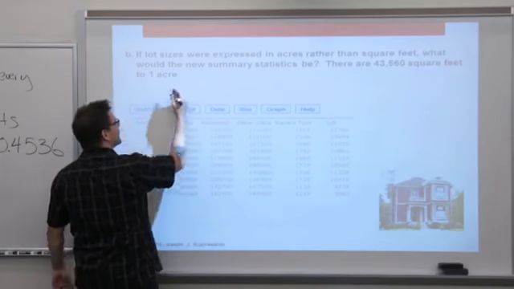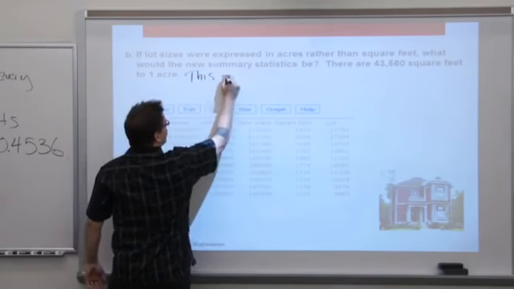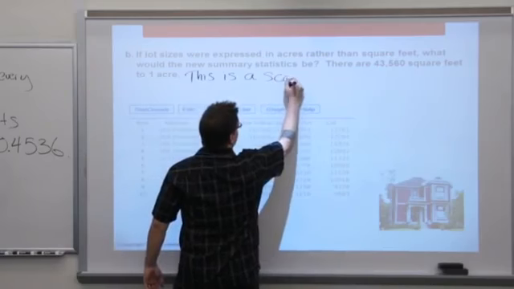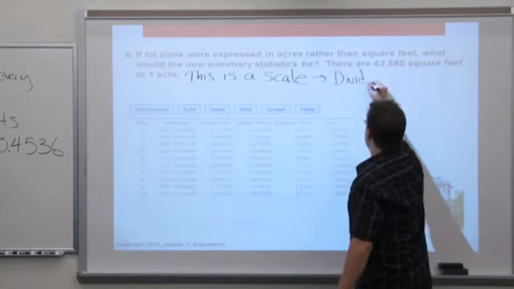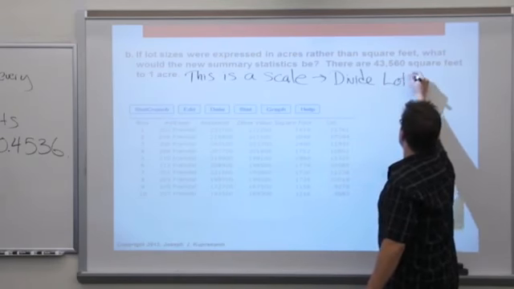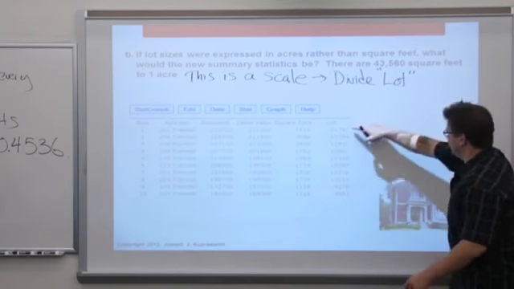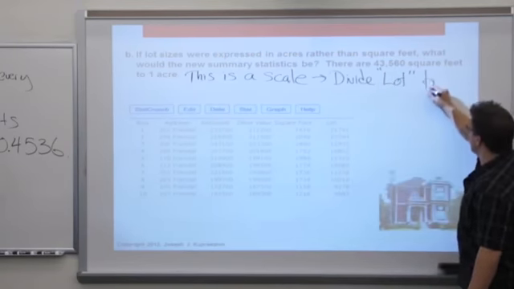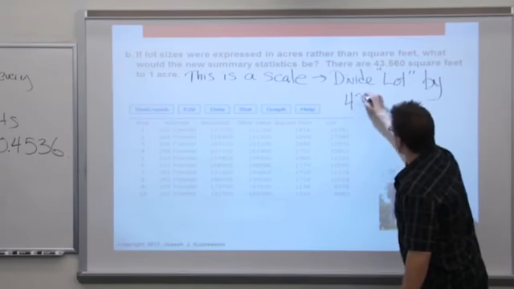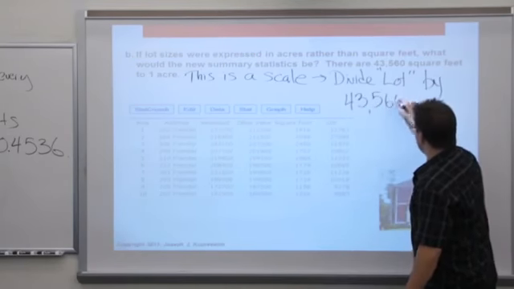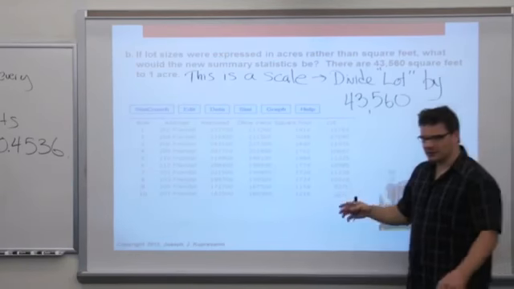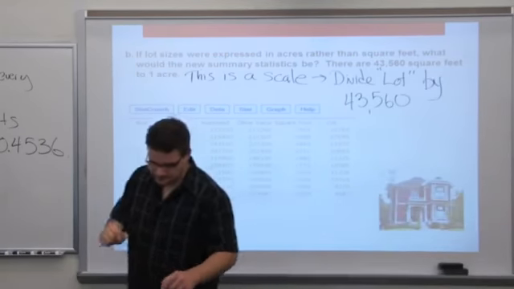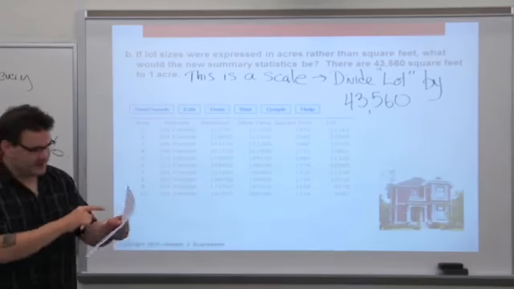Okay, so let's write that down. This is a scale. What we would do is we would divide lot size, the existing in square feet, we would divide everything by 43,560. Once we did that, then lot size would be reported in acres, not square feet. All right, I did all this at home.